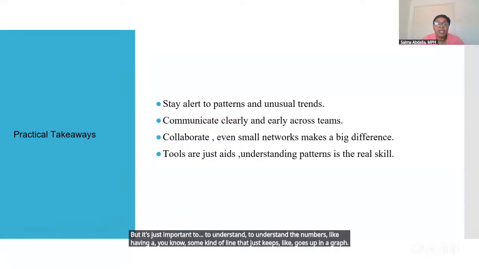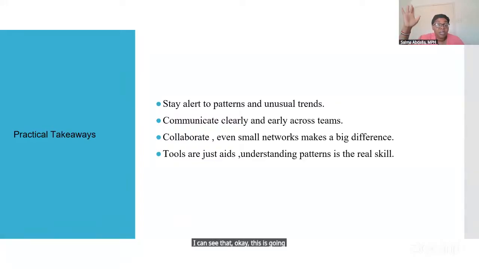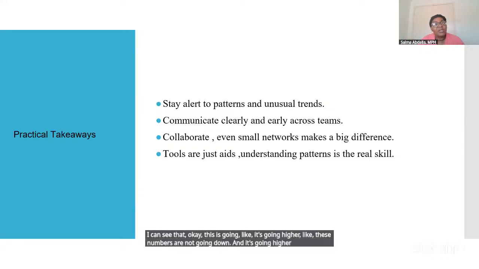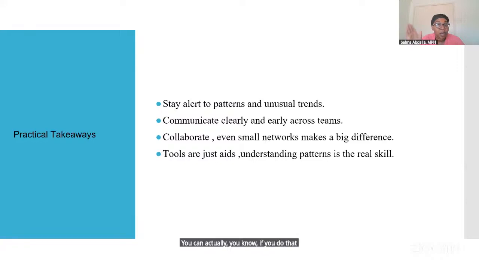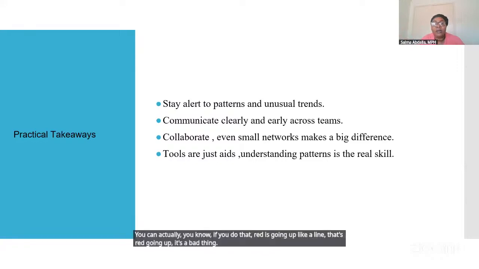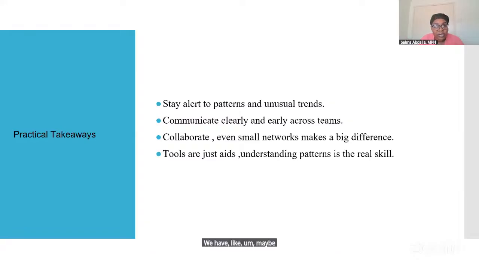I can see that the numbers are not going down, and going higher is a bad thing. Like I said earlier, color coding helps: a red line going up is a bad thing, and a grayish color going down means things are looking good. Things like that would be very helpful visually.